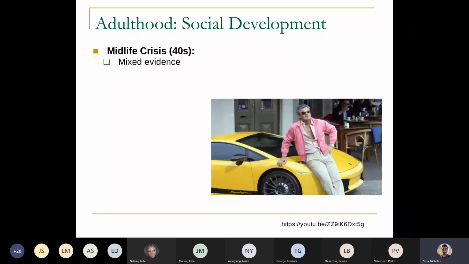It's those kinds of traumatic life events that could trigger some midlife crisis-like tendencies where they decide life is short and I need to take advantage of my life to its fullest potential. But again, I don't want to tout this like we know this exists for sure because the evidence is somewhat mixed.